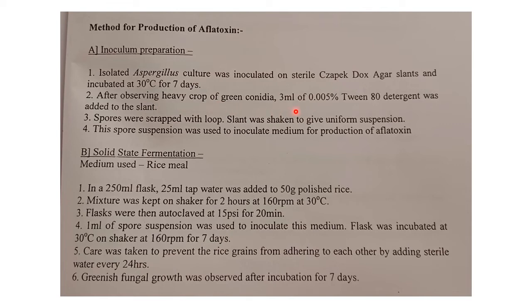Then 3 ml of 0.005% Tween 80 detergent is added to the slant, which helps to get a uniform spore suspension. That is why we add Tween 80. The spores are scraped with a loop, and the slant is shaken to give a uniform suspension. This spore suspension is used to inoculate the medium for production of aflatoxin.